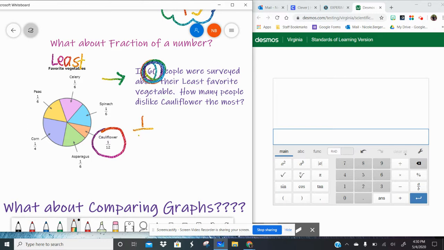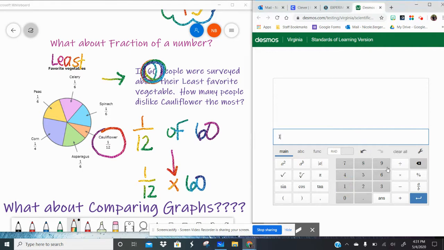I want to know what 1/12 of 60 is. That word "of" means we multiply. So I really want to know 1/12 times 60, but I don't want to go back to those earlier units where we had to multiply fractions. Let's leave that behind us. In my calculator, I'm going to do 1 divided by 12, which brings up the fraction, times 60 people.